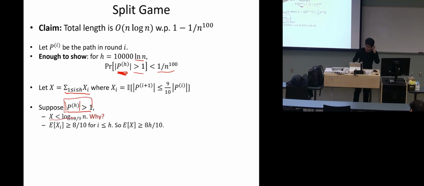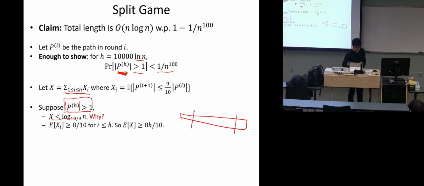But I want to show that actually the expectation of x is large. Why is that? This is because for each round, the probability that you have a good round is 8/10.